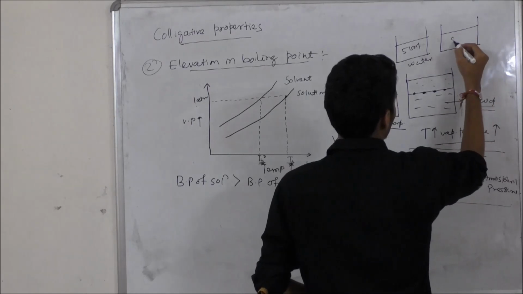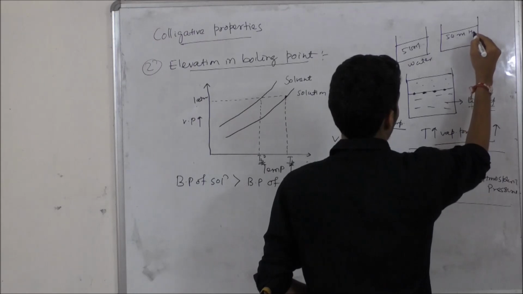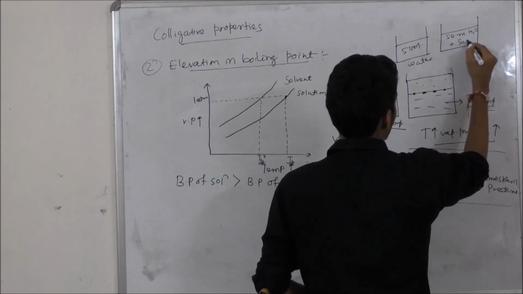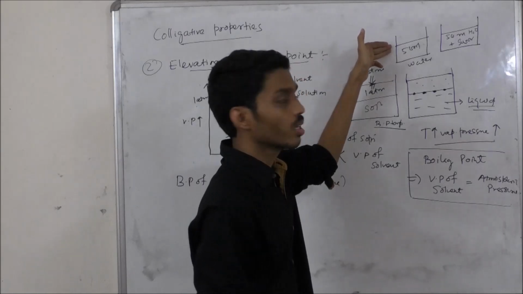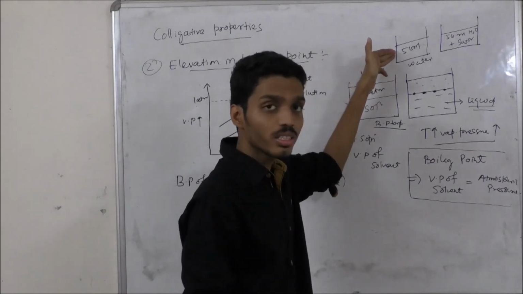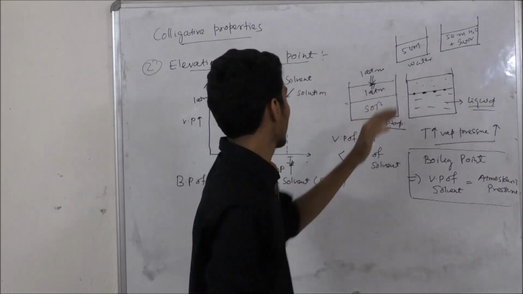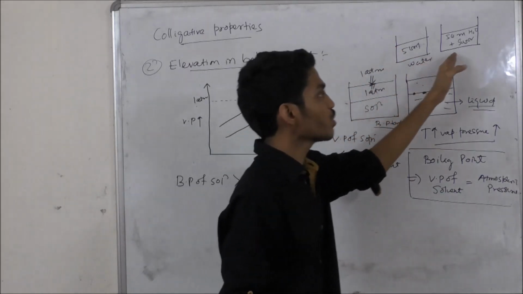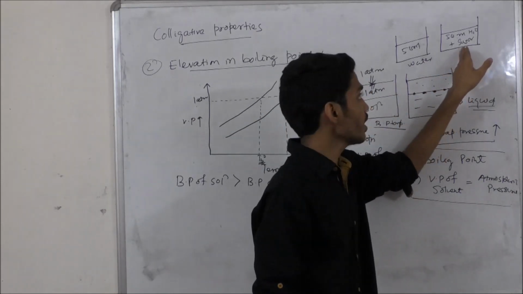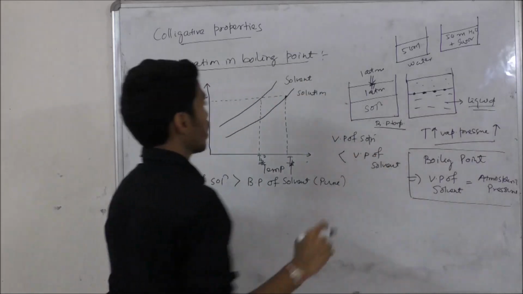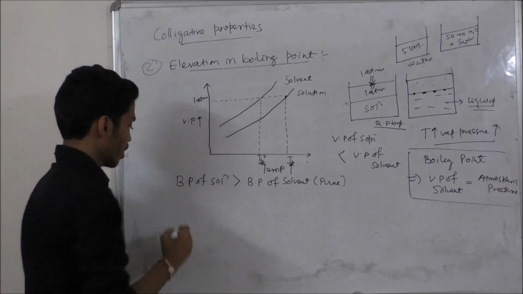Okay, let's see. Here suppose 50 ml water plus sugar. So to boil the water present in this container, the temperature required will be less as compared to the temperature required to boil this solution present in this container. Okay, so boiling point of solution is greater than boiling point of solvent.